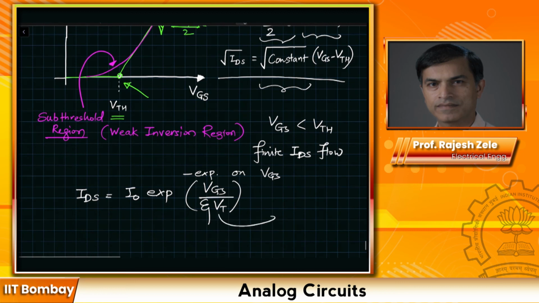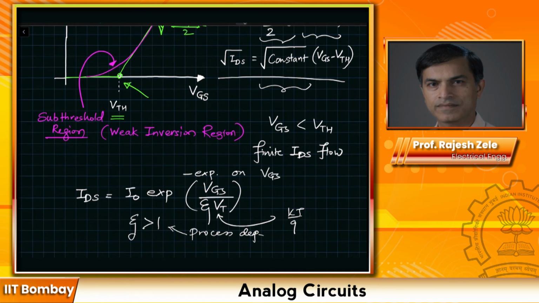Thing to note here is we see VT, which is KT over Q, and eta is greater than 1. This is again a process dependent parameter that you'll get.